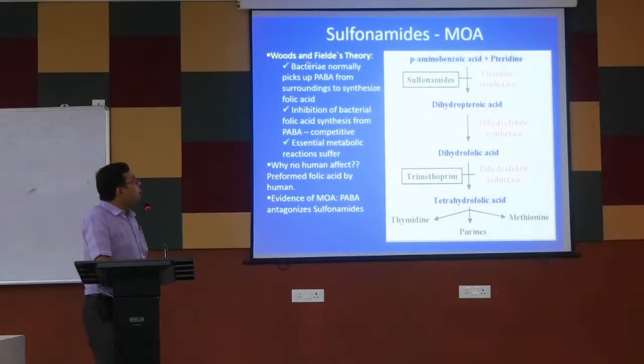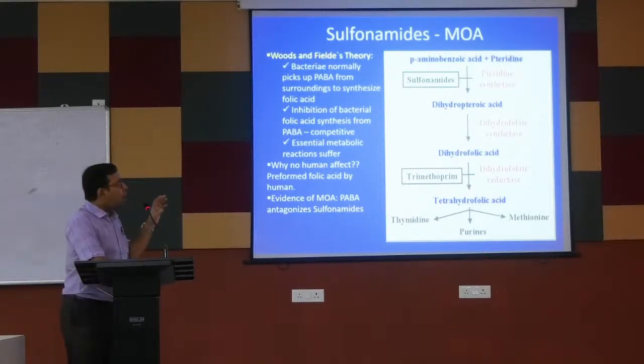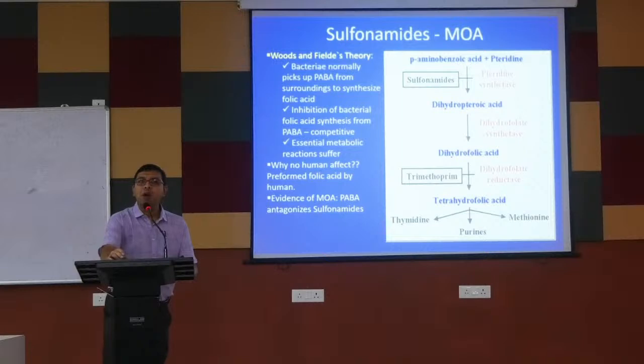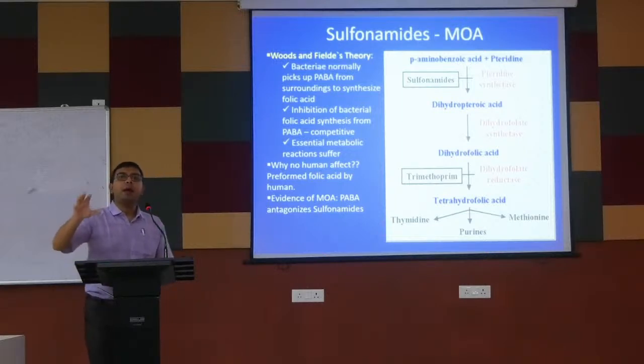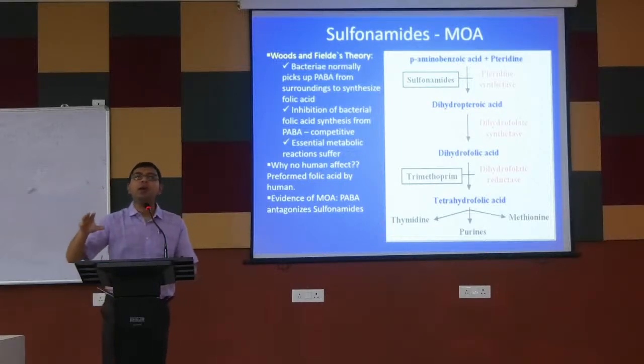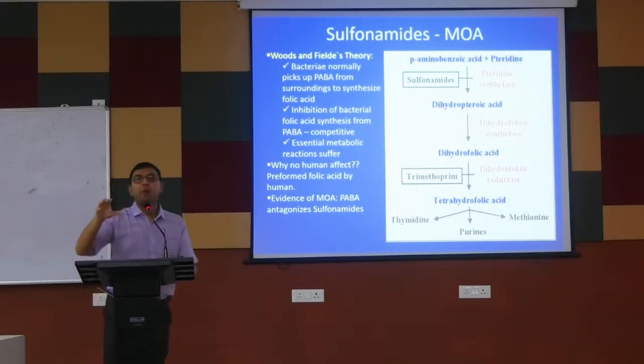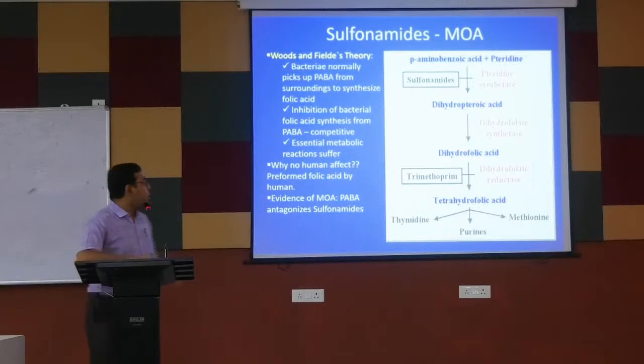Basically it can be explained by the Woods and Fildes theory. This is important, the mechanism of action of the sulfonamides. Bacteria normally pick up para-aminobenzoic acid from the surroundings to synthesize folic acid. Para-aminobenzoic acid is an important metabolite for the synthesis of folic acid in bacteria, and bacteria have to gather this PABA from the surroundings.